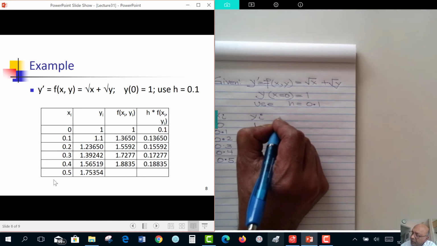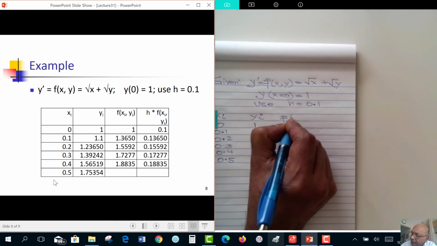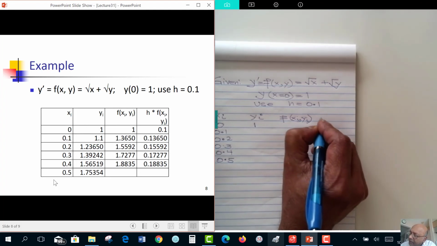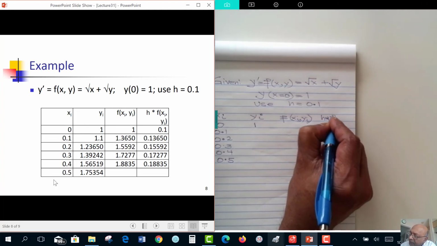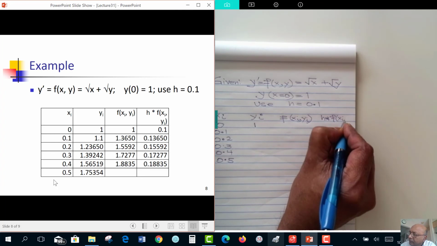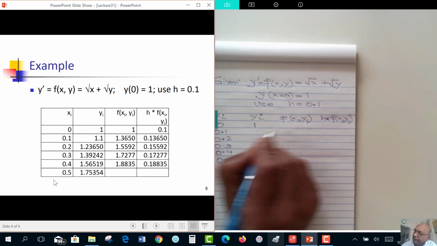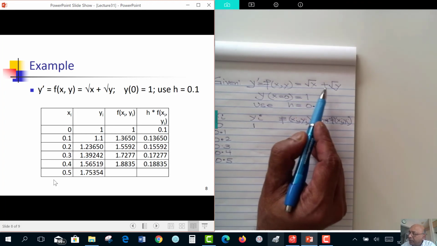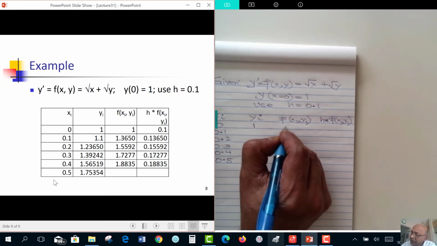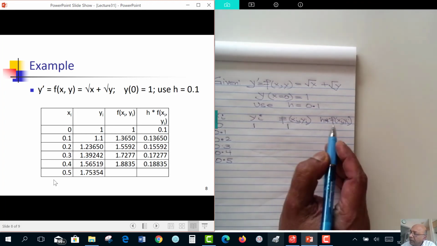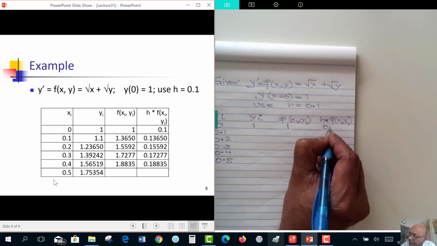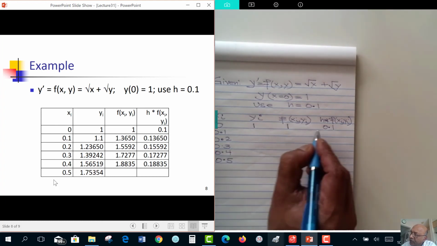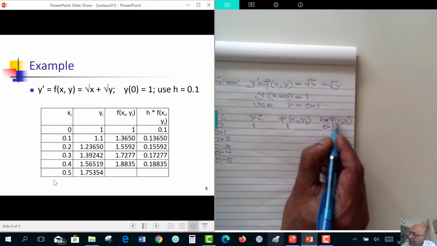Okay, so we are going to evaluate the function, and then we are going to multiply it by h. So we evaluate square root of 0 plus square root of 1, which is 1, times 0.1. So we are going to add to yi this area.